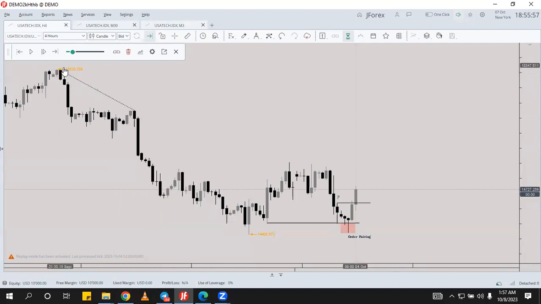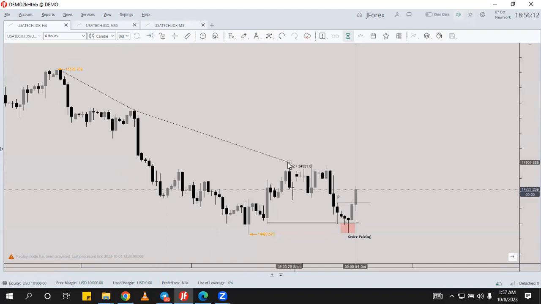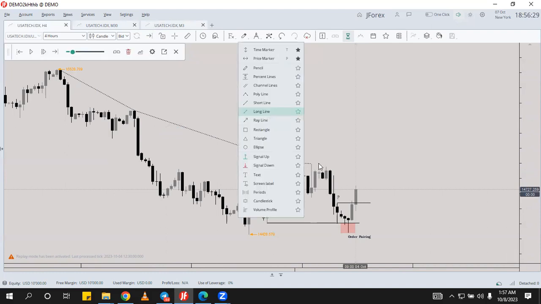You can notice here we had a high. This second high failed to break the previous high. So this now becomes what we call a failure swing. Then we also had another one here. You can notice we had a high here, then it formed a lower high. This second lower high failed to break this previous high. That is why we call them failure swings. All these are failure swings.